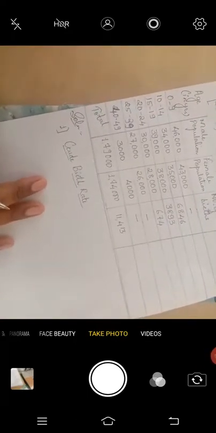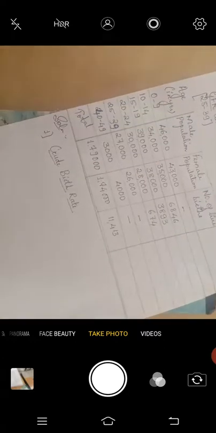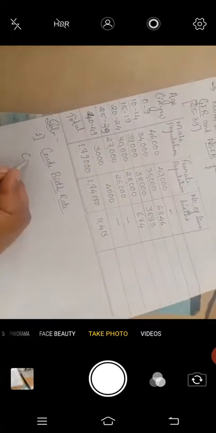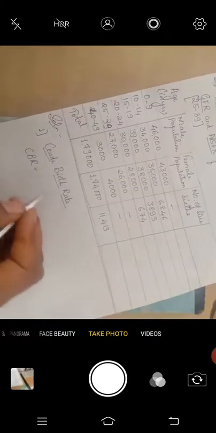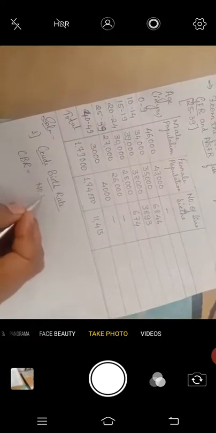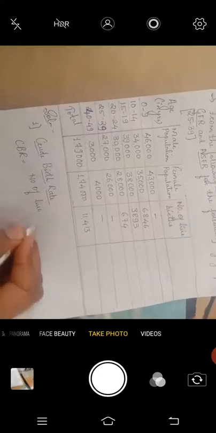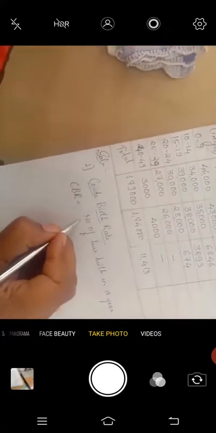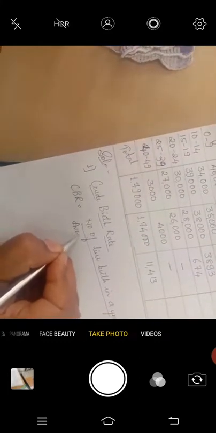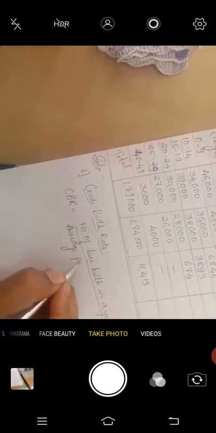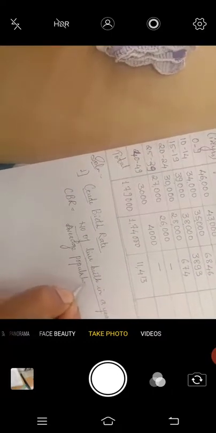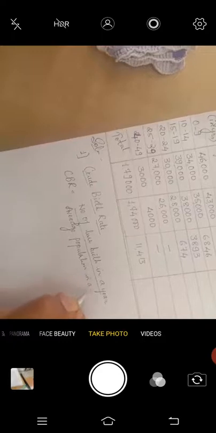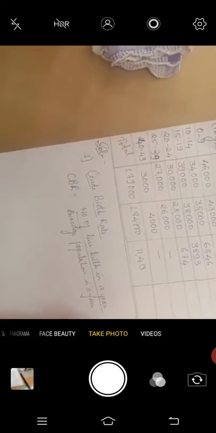Crude birth rate formula is: crude birth rate is equal to number of live birth in a year divided by average population in a year into 1000.